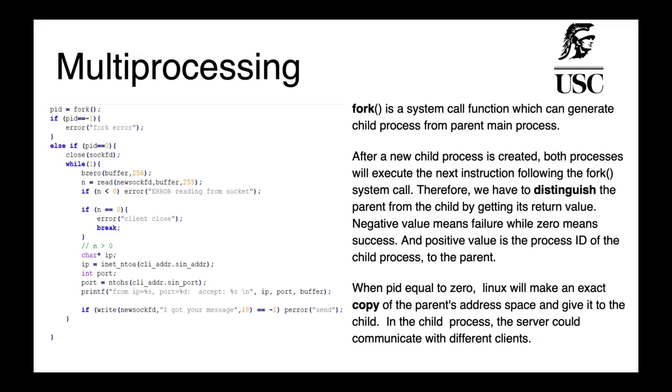After a new child process is created, both processes will execute the next instruction following the fork system call. Therefore, we have to distinguish the parent from the child by getting its return value. A negative value means failure, while 0 means success in the child, and a positive value is the process ID of the child process returned to the parent. In the child process, the server could communicate with different clients.